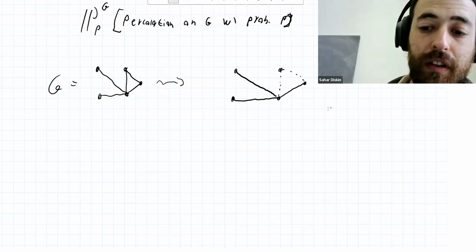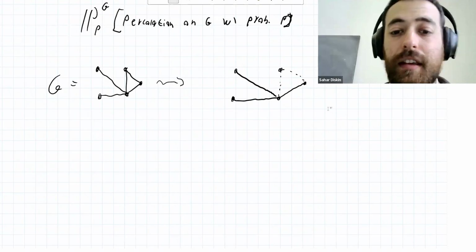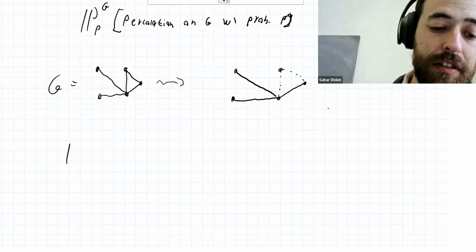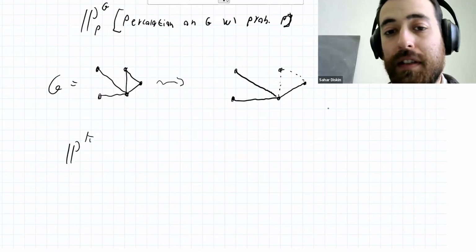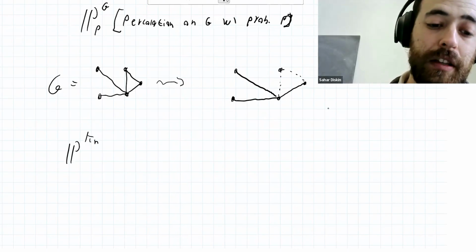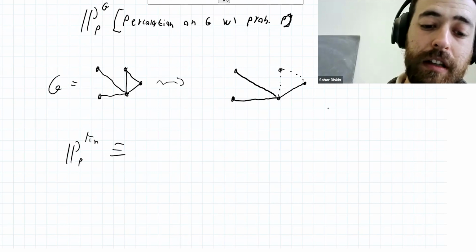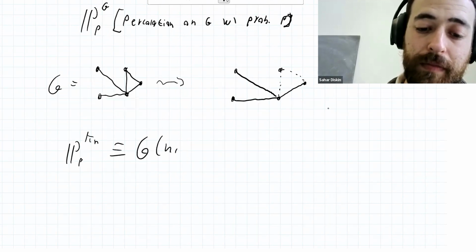Okay, good. Now, in our world, meaning random graphs and combinatorics, we're very familiar with the following object. If I take the complete graph with parameter P, this is exactly the same as G(n,p).